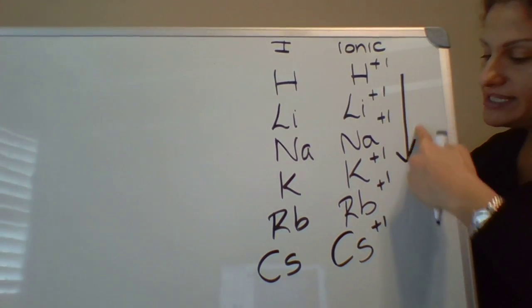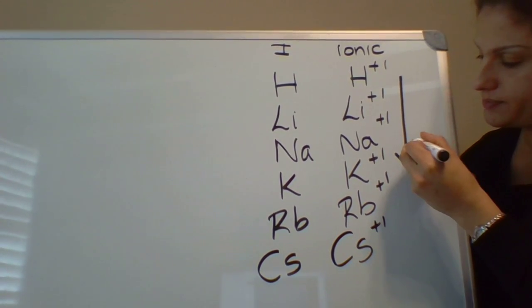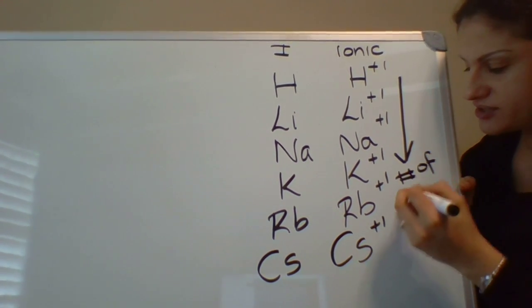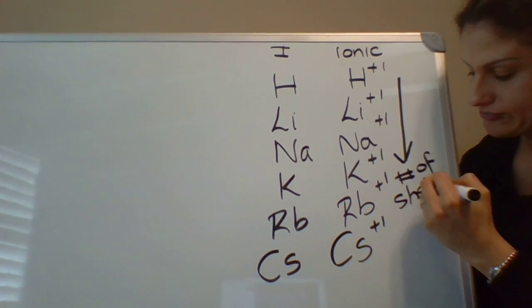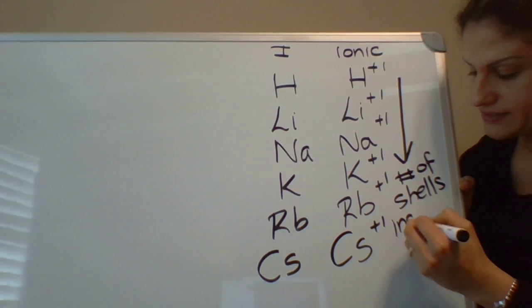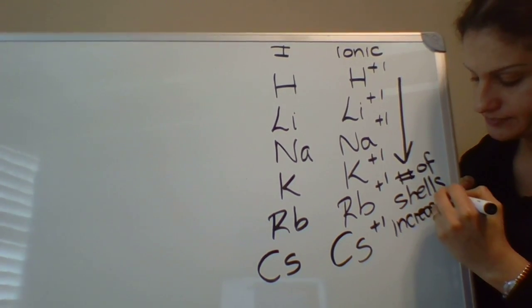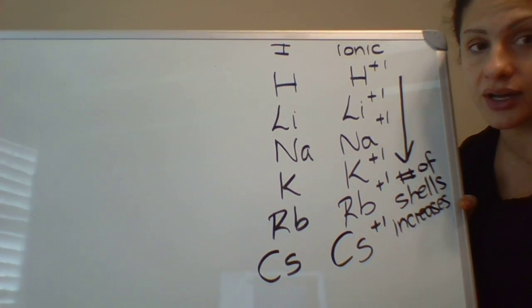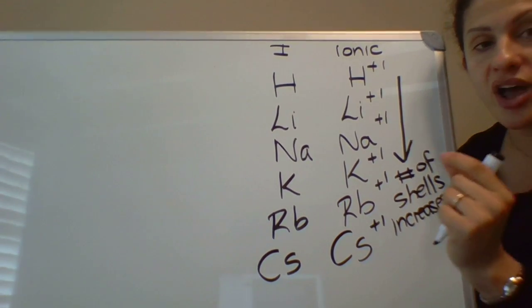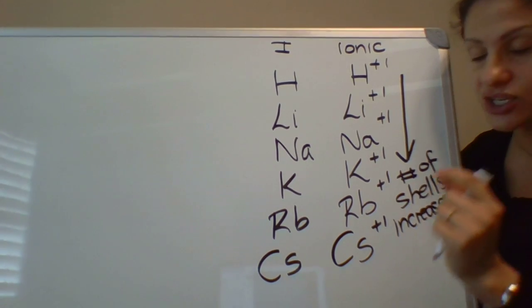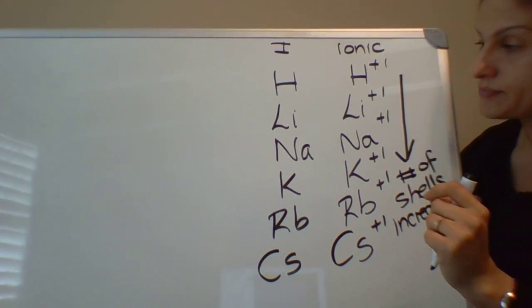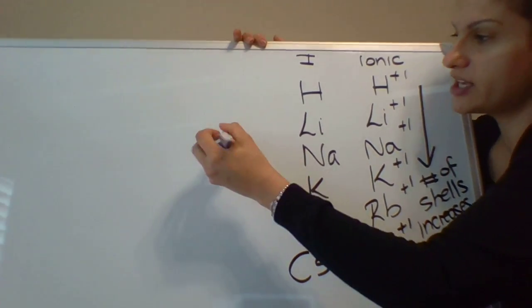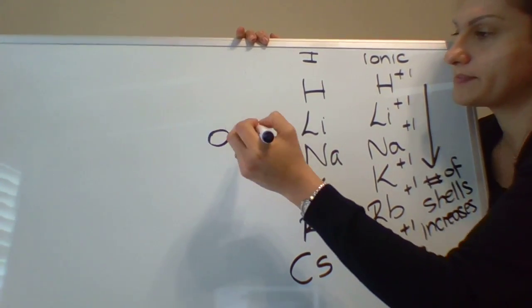As you go down a group, the number of shells increases. So even though they all have one valence electron, the number of shells goes up. Let me illustrate it. Here's our nucleus.